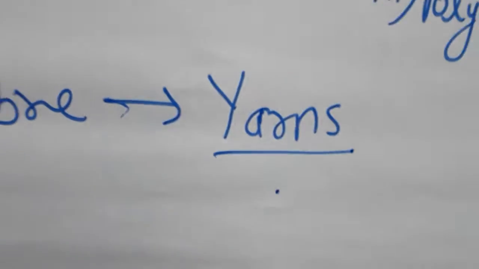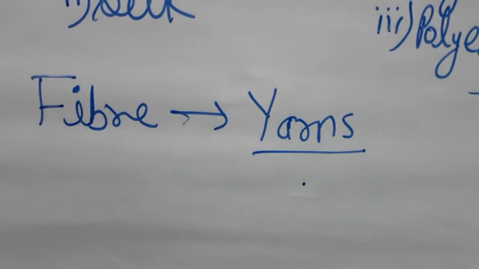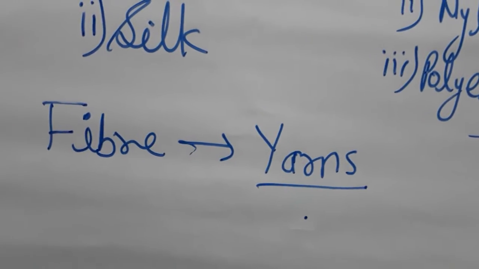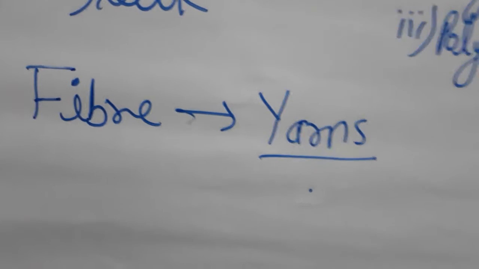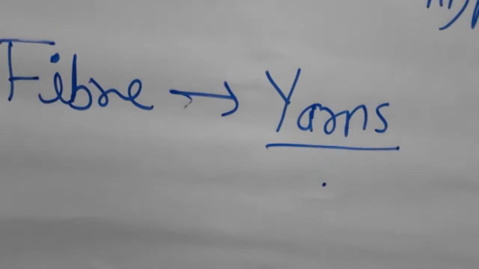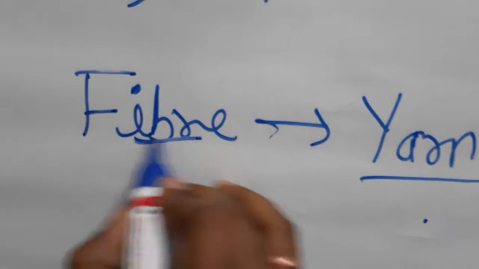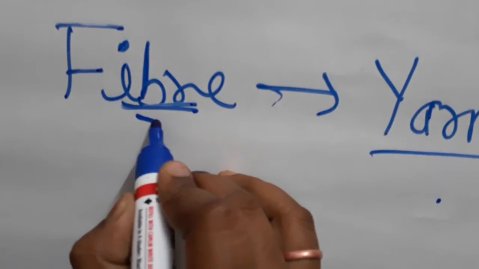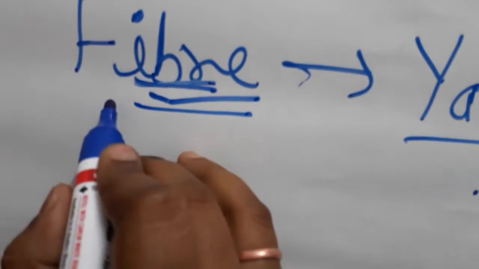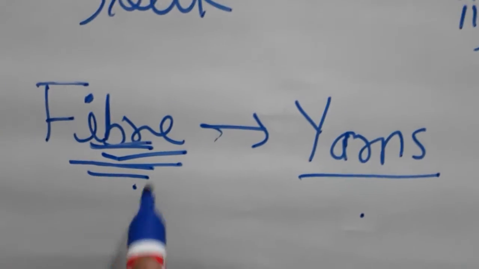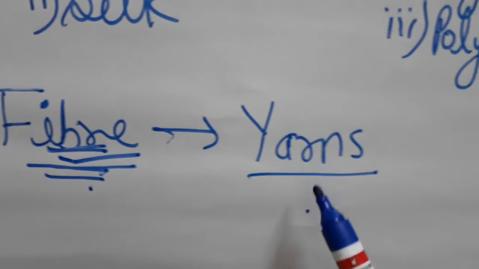Clear? In our previous class we learned about these fibers, so I will just explain in short and then we discuss our chapter. The fiber is a tiny, long, straight strand-like structure, and from fibers we get yarns.